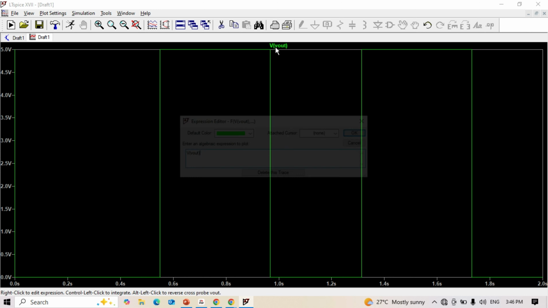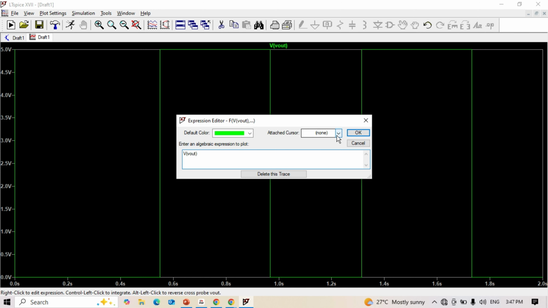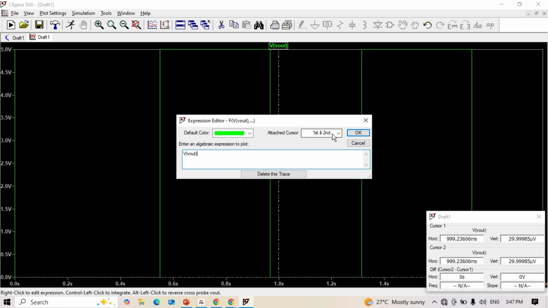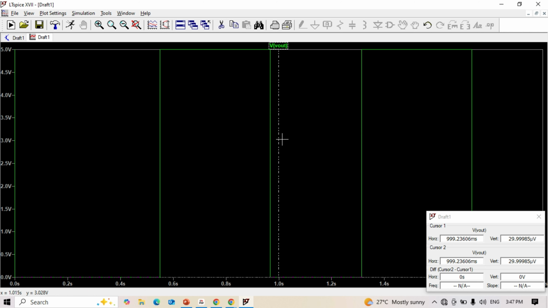And the off time, from here to here, let's try to do something, right? Cursor one and two, okay. So the on time, this guy, cursor two.